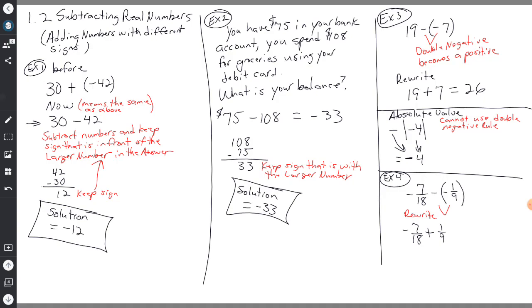All right, what do we do from here? What would the common denominator be? Right, so that means we have to multiply the numerator and the denominator by 2.